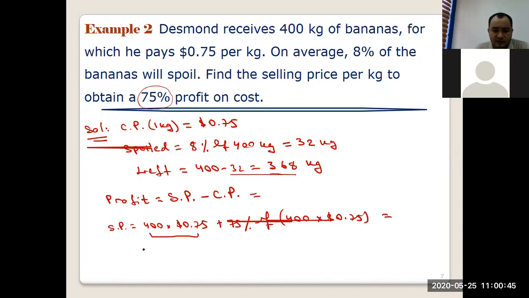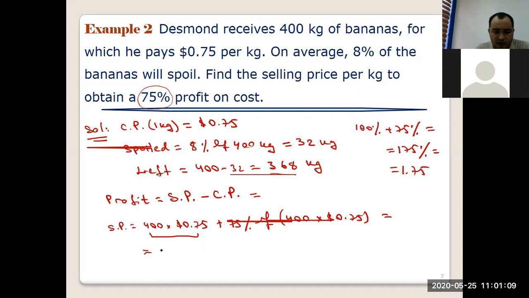Now this is a common factor. If I take this out, here we have 100% plus 75%, which is equal to 175%, and if you divide by 100, it is 1.75.